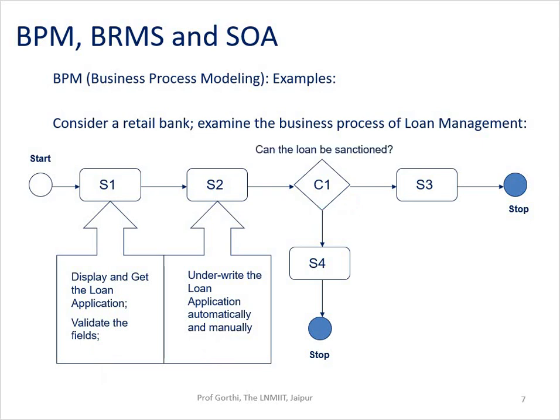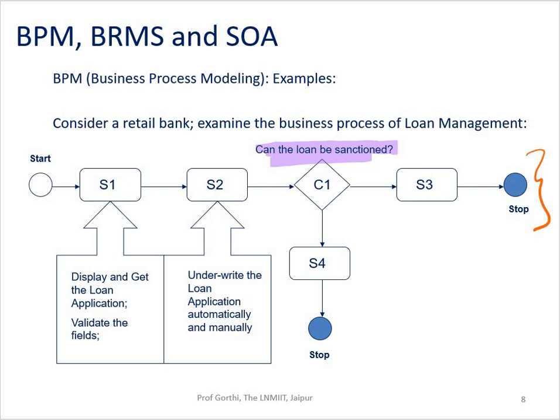What I'm going to do is check, with the help of a condition, whether the loan can be sanctioned. In a general process, I have this business process modeling along with service oriented architecture as well.